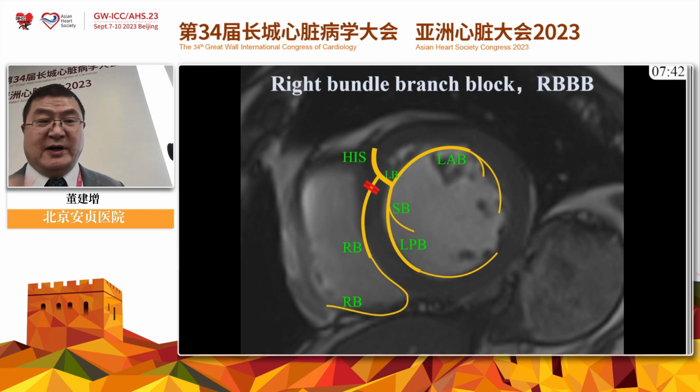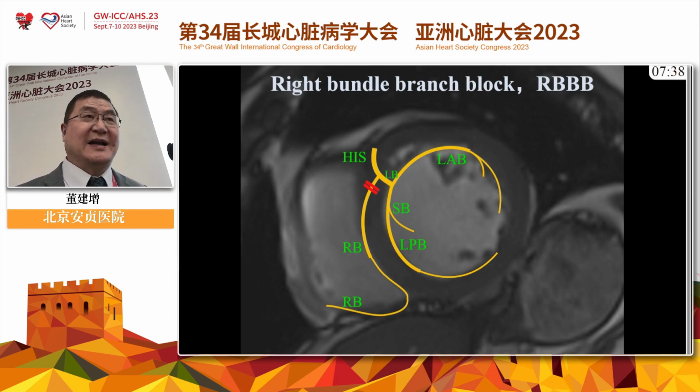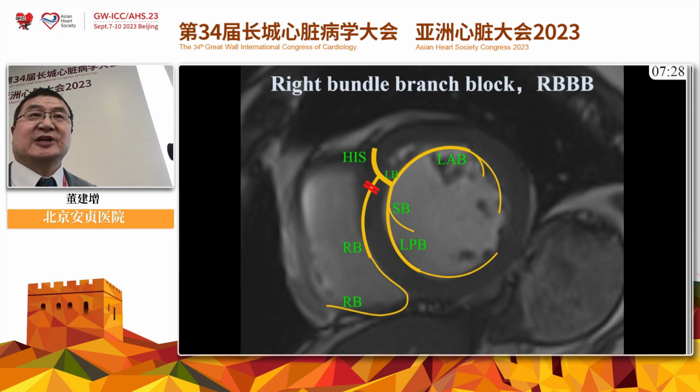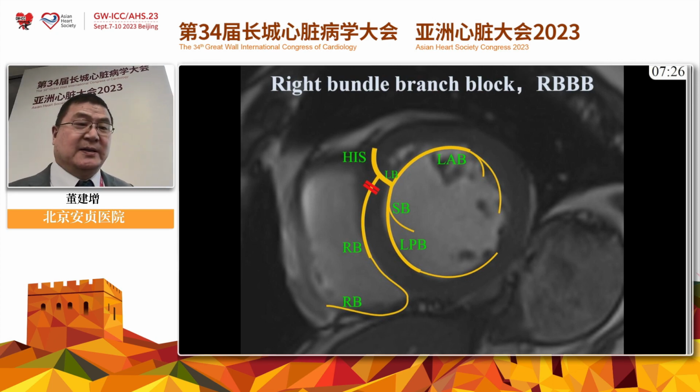Right bundle branch block with wide QRS is also a class 2 indication for CRT therapy. But some patients respond well, and some patients don't respond to CRT therapy. Why?